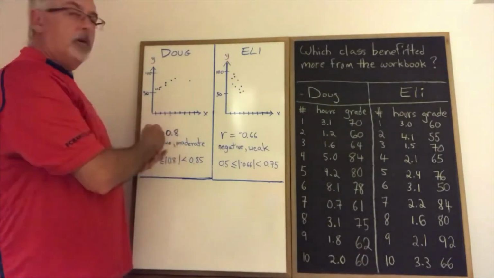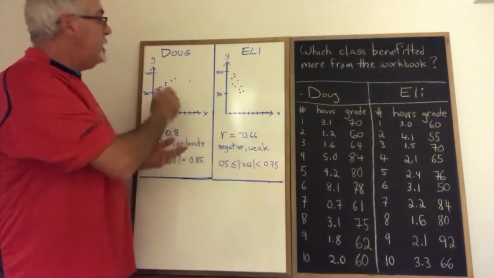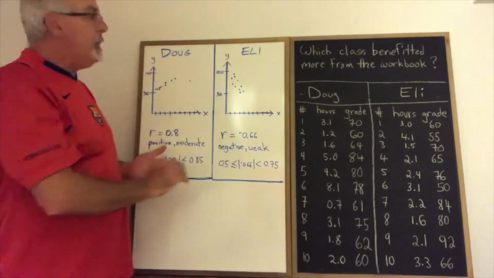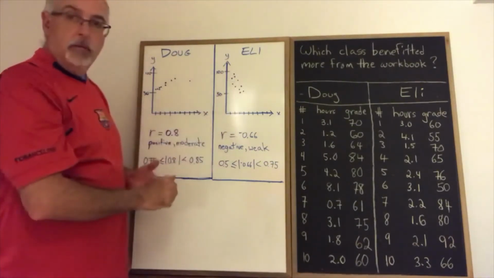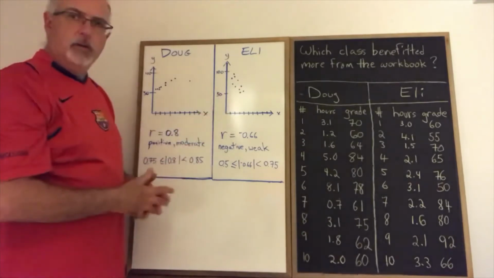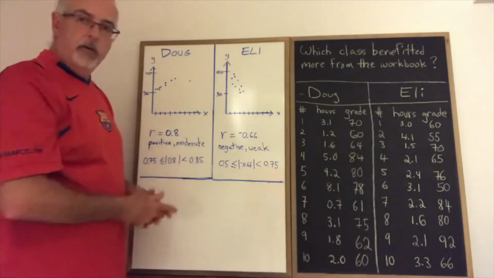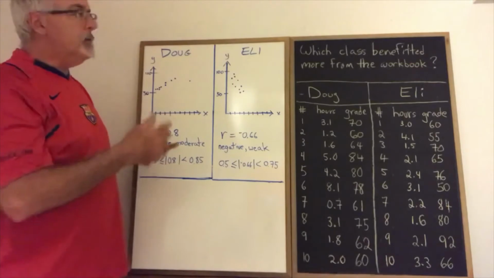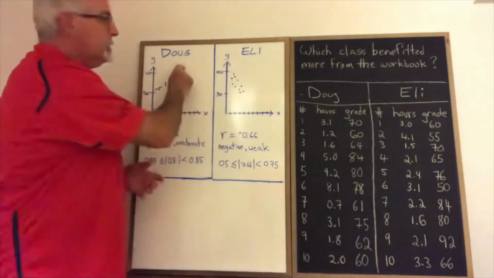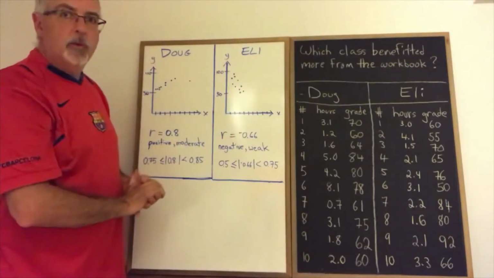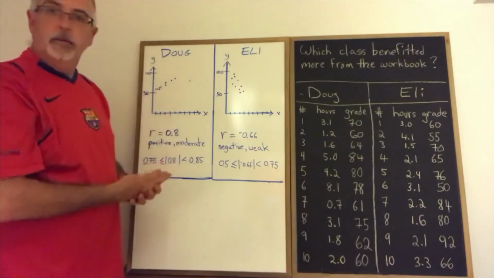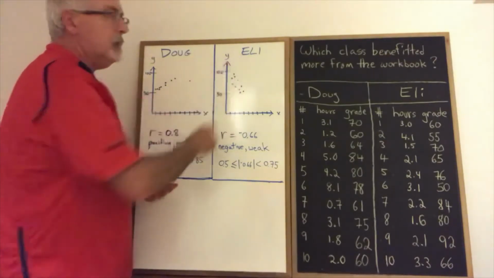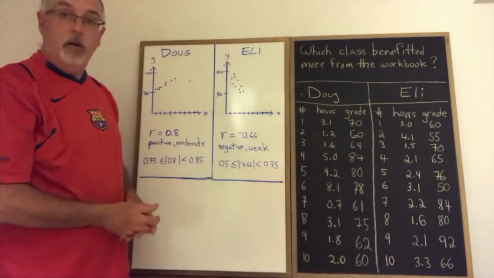And that means the more hours you use the workbook, the higher your grade is going to be. Whereas here, I'm seeing a negative slope. And what that means is the more hours you spend on the workbook, the lower your grade is going to be. So already I start to have an opinion that Doug's class looks like they benefited from using the workbook because they have a positive R value. And Eli's class looked like they did not benefit at all.